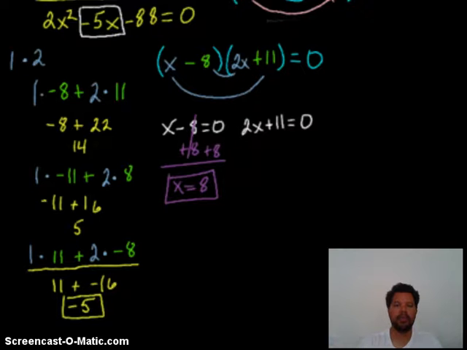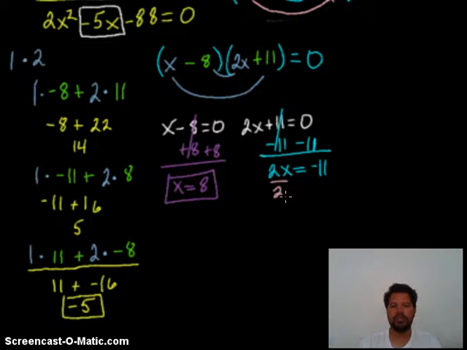And on this side we have a two-stepper, so we're going to subtract 11 from both sides and give us 2x equals -11, and then divide both sides by 2, and we get x is equal to -11 halves.